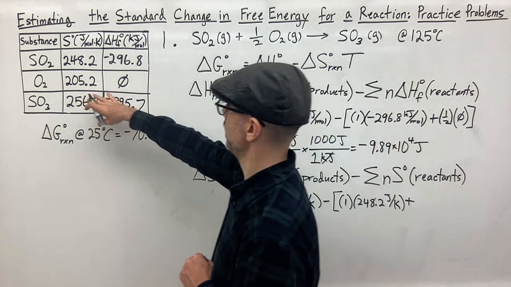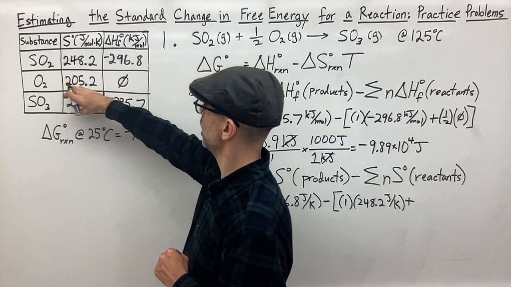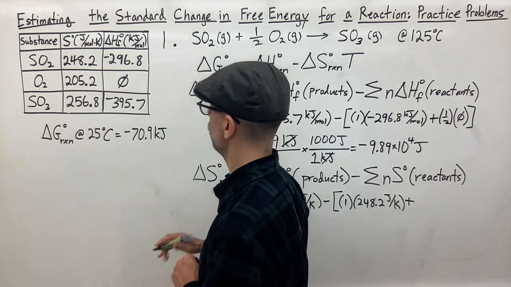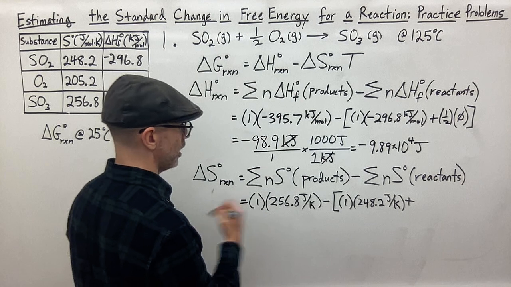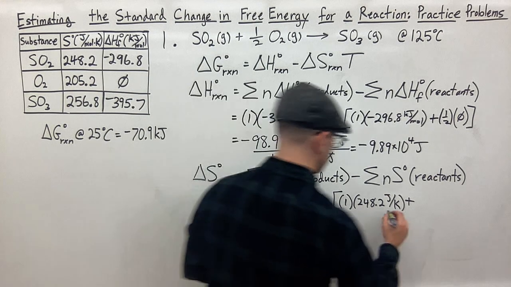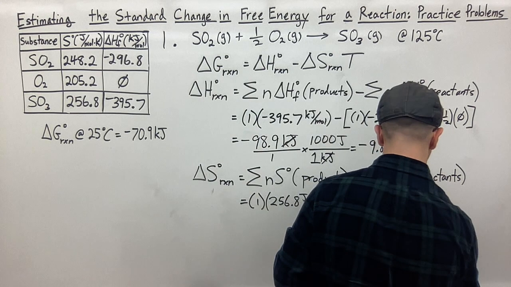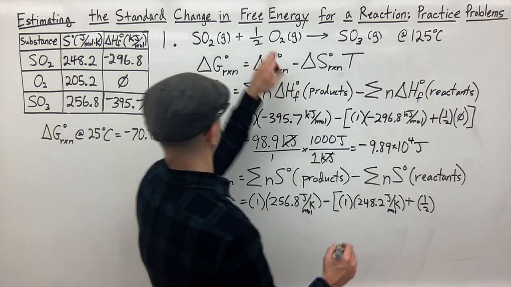This time oxygen has a positive 205.2 joules per mole Kelvin. Oops, sorry about that. I forgot my mole here. So mole Kelvin, and then here I have 1/2 for the oxygen.